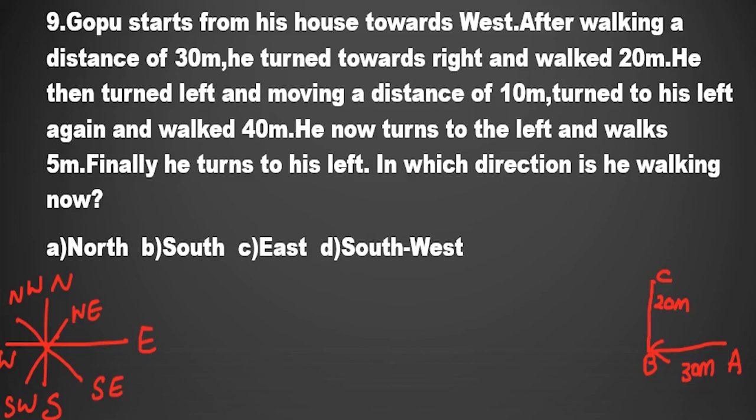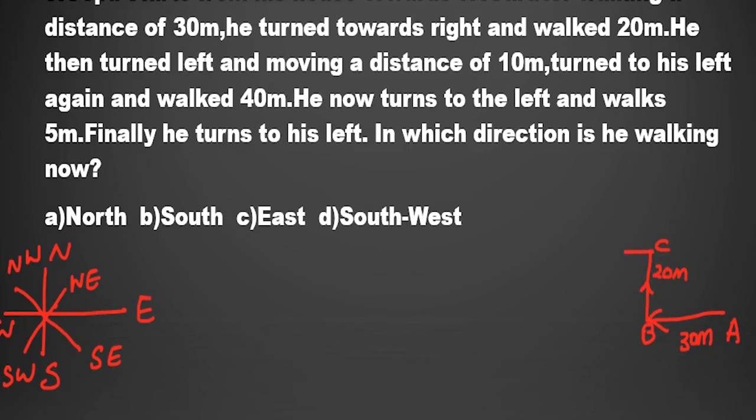From C he turned left and moved a distance of 10 meter, and let it be D. From D he again turned left and walked 40 meters southwards.